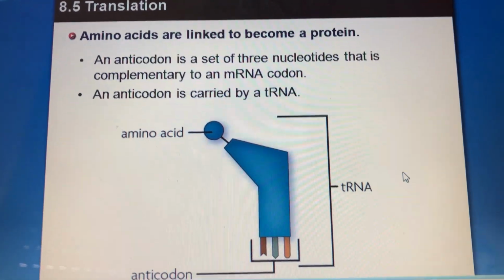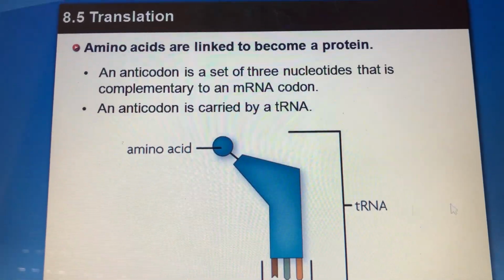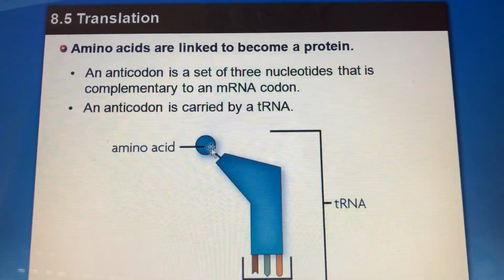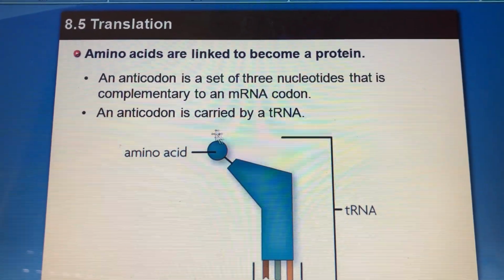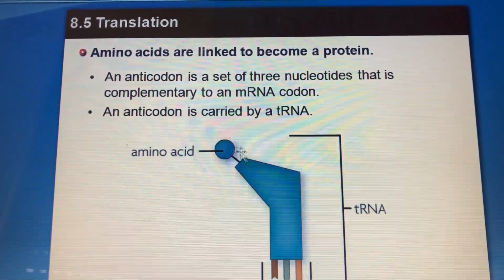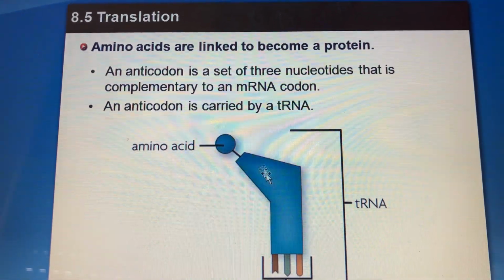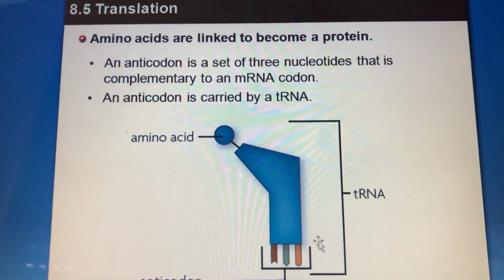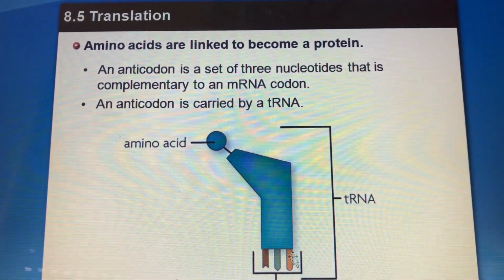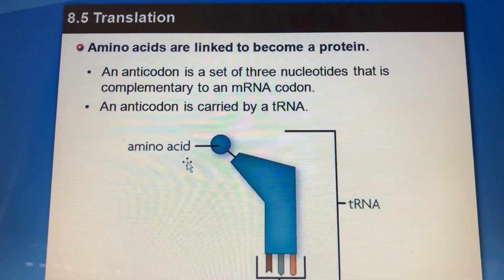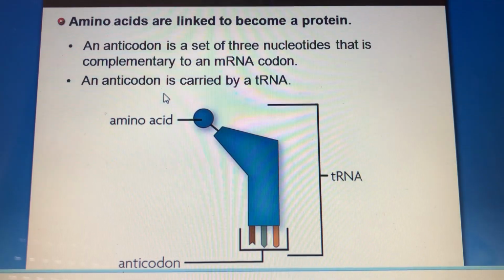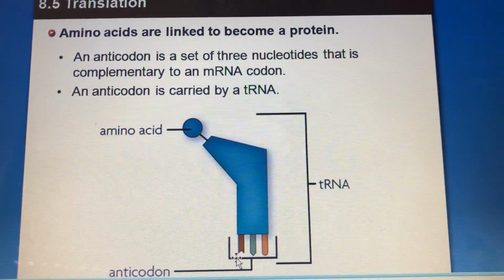The first one is the tRNA. tRNA is an RNA molecule which is responsible to carry the amino acids, transfer amino acids from the cytoplasm and carry it according to the anticodon it has, which joins the complementary codon on the mRNA. So the anticodon is a set of 3 nucleotides that is complementary to an mRNA codon.